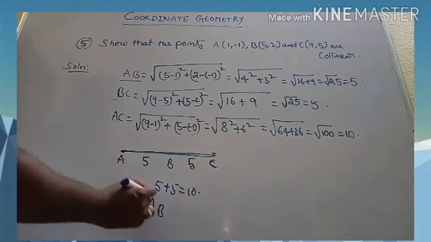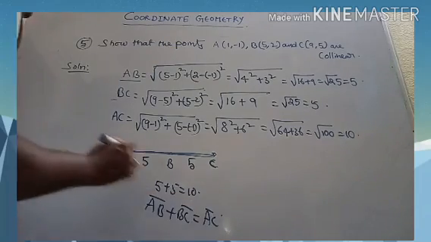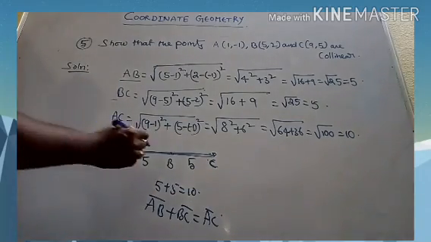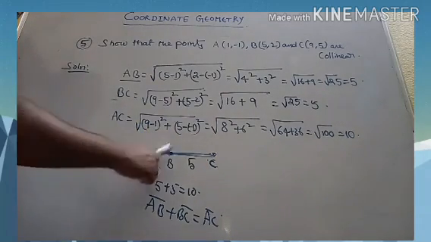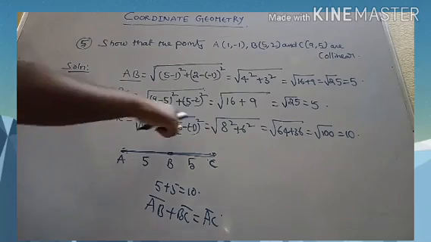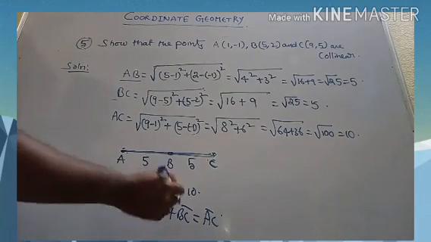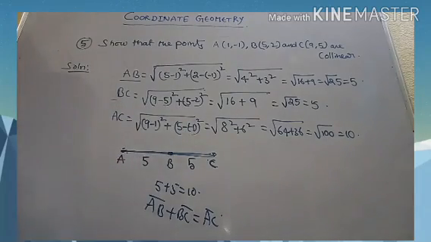If they are on a straight line, then only this property will be satisfied. If they are not on a straight line, then they will form a triangle, and we can say that they are not collinear. But we have got that AB plus BC equals AC. That means these 3 points are collinear. In this way we can prove this problem.